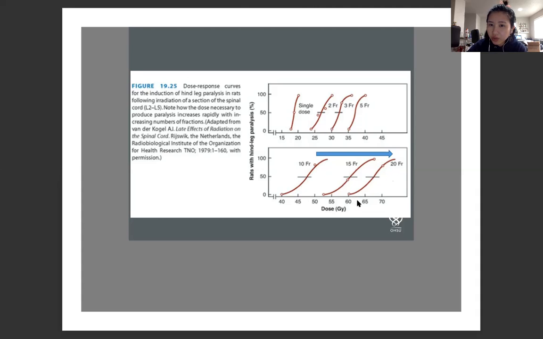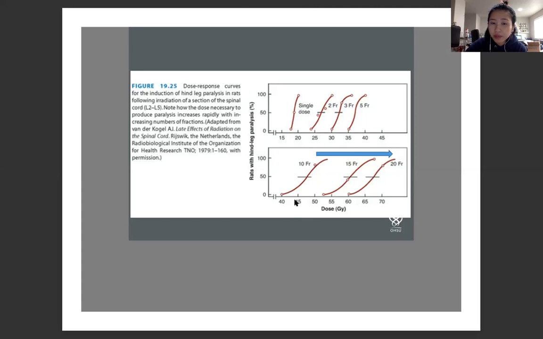The more fractions we divide into, the higher the dose that we can use. A fraction is just a day that you get radiation. For example, you can choose to get radiation on one day. Right here, this is 18 grays for a single dose. It can paralyze you right away after that dose.